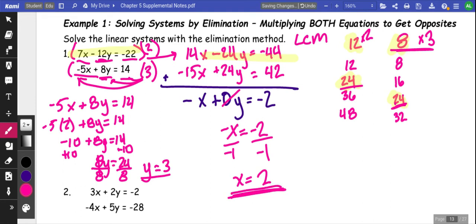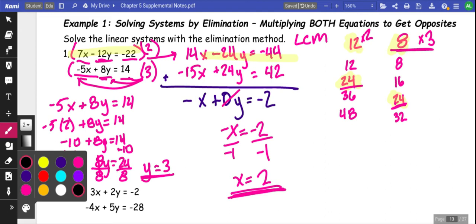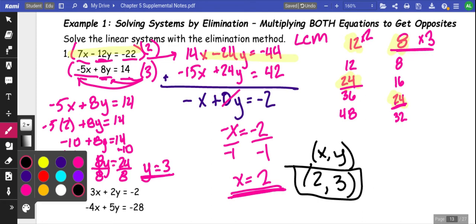Okay, x is equal to 2, y is equal to 3. I know that my ordered pair, okay, that's always our x, y point, I'm going to have 2, 3 for this one. 2, 3 is the point where these two lines intersect. Right? That's really the gist of it.